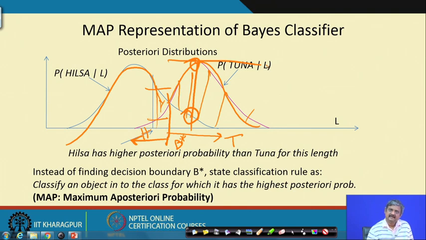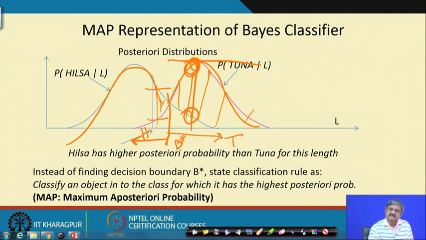So, I can restate my base classifier as the maximum a posteriori classifier.